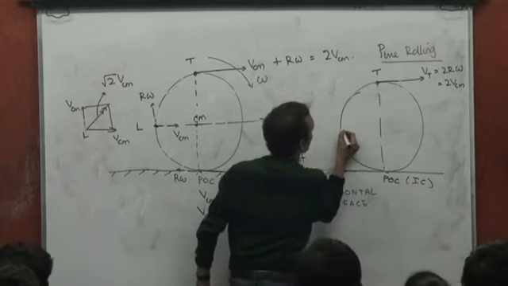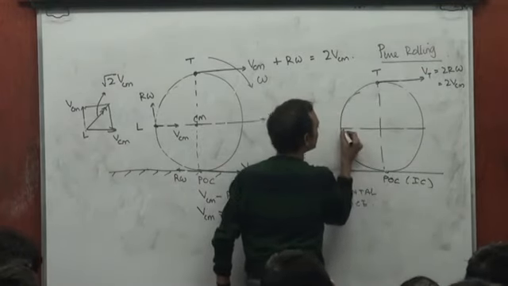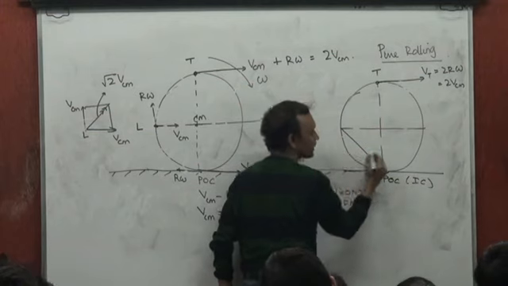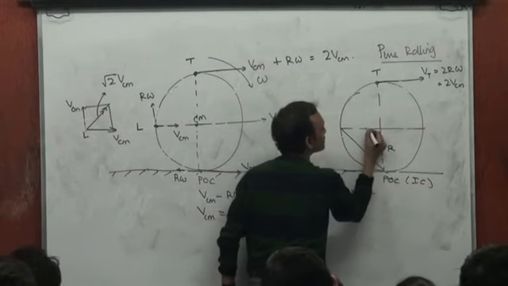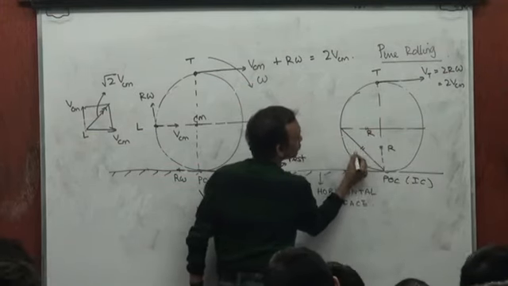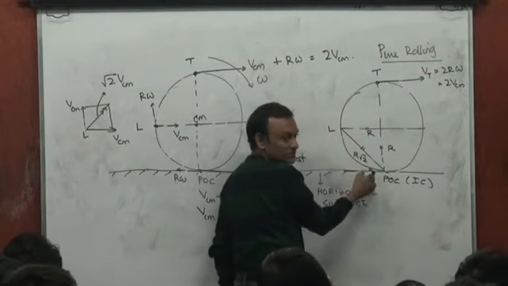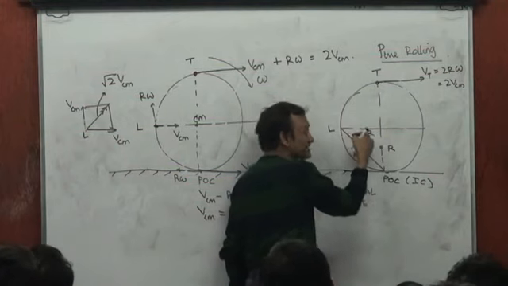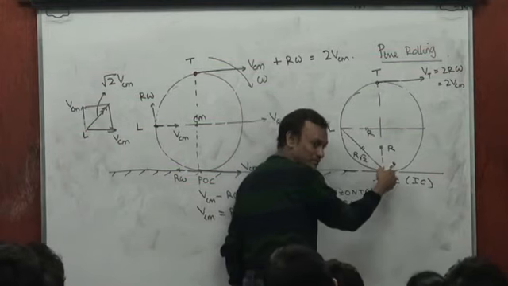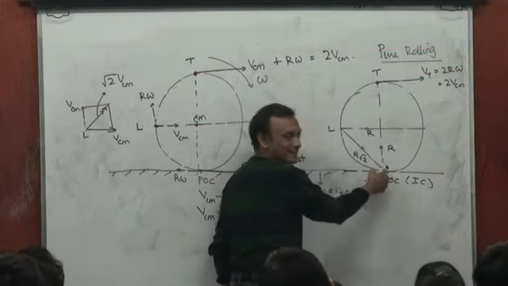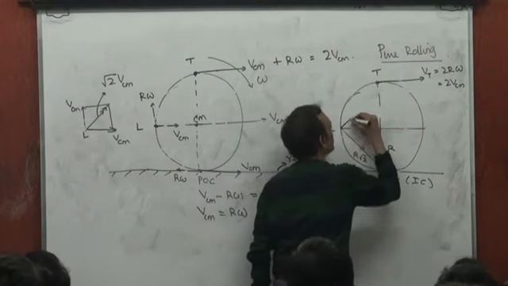As far as the leftmost point is concerned, this is r, so this distance is r root 2. Again, the leftmost point is executing circular motion with the point of contact being the center of the circle.